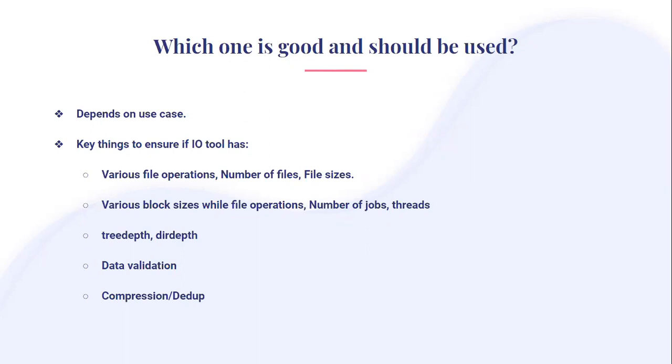So, in validation, what exactly do we check? Do we check MD5 sum, or are there any other methods to validate? Yeah, the data validation point I mentioned is that it will be checked what type of validation a tool supports.